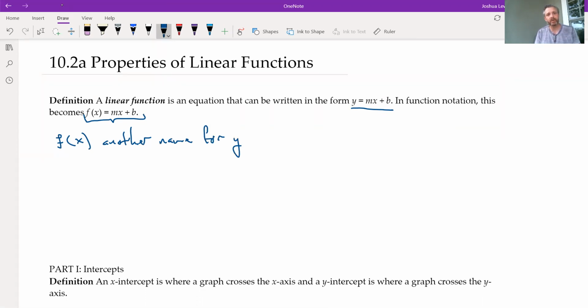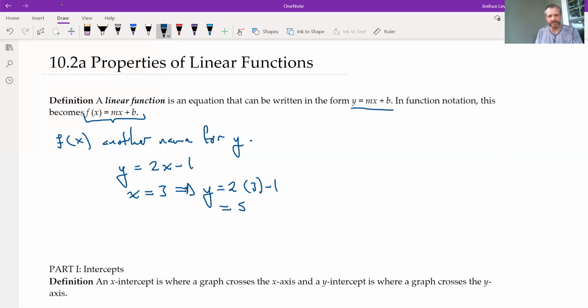And it's actually a more informative name, because if I have y equals 2x minus 1, this tells me that whatever value y is, it depends entirely on x. So if I wanted to plug in, say, x equals 3, then that would give me y equals 2 times 3 minus 1. 2 times 3 is 6, minus 1 is 5.